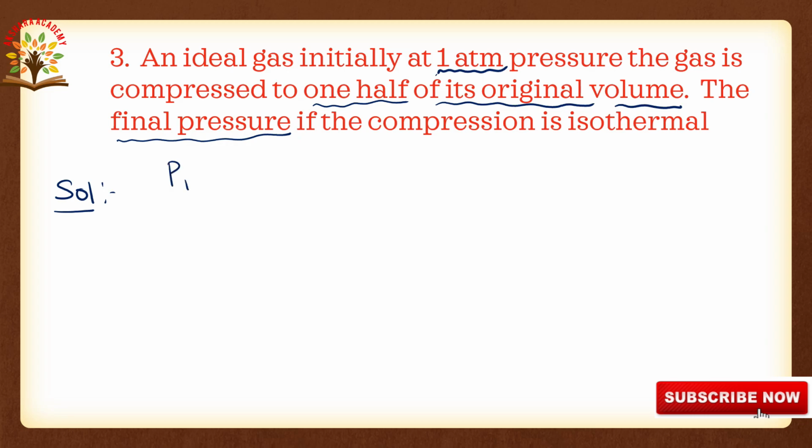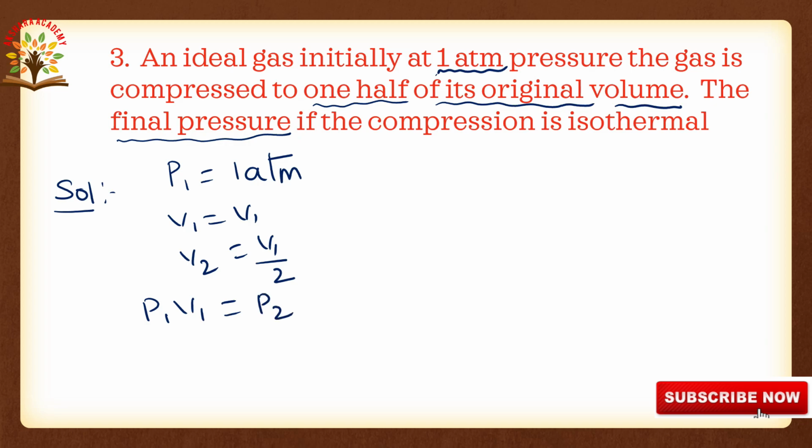P1 is equal to 1 atmospheric pressure, V1 is equal to V1, and V2 is equal to V1 by 2. From the formula P1 V1 is equal to P2 V2, substituting all values, 1 into V1, and P2 you have to find out, and V1 by 2.